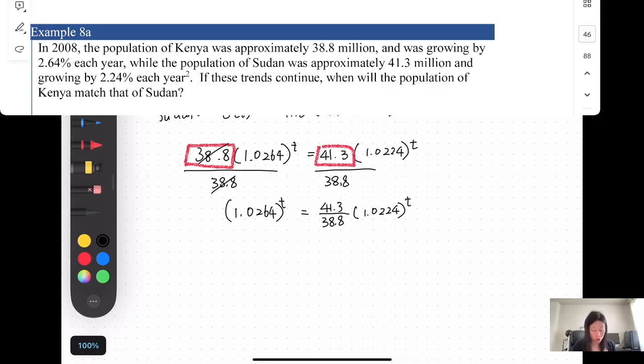Okay, and then you want to merge all of the exponentials with the unknown variable on one side. So that means I want to merge these to the left side. What do I do? Well, you can divide by the whole term on both sides.